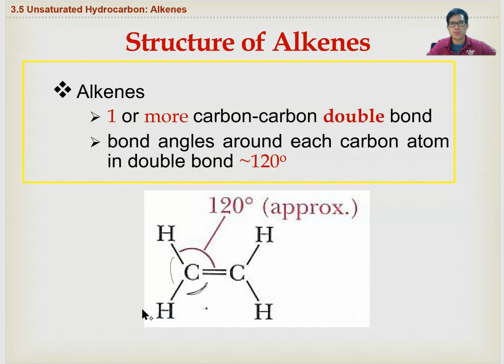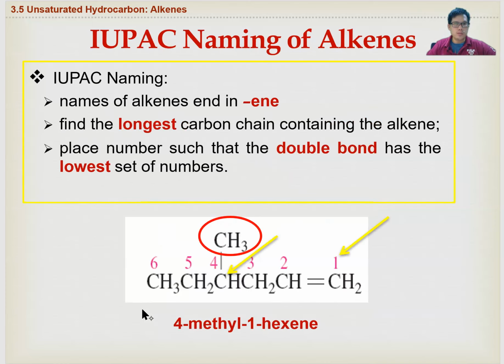The naming is exactly the same as the alkanes. The only difference is the ene ending, which indicates a double bond. The longest chain needs to include the double bond, so it cannot go this way or that way. You need to contain the double bond and make sure the double bond has the lowest number. In this case you cannot go from here, you need to go from here because the double bond needs the lowest number.